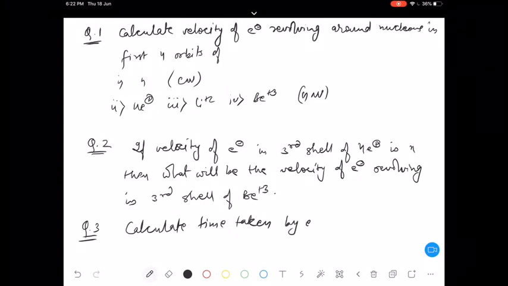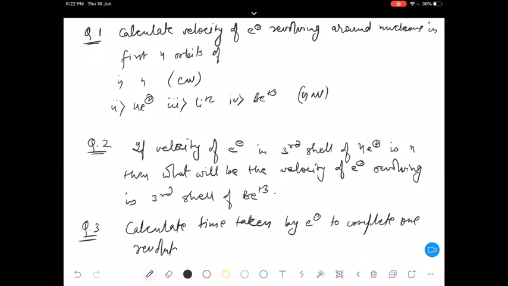Calculate time taken by electron to complete one revolution in third shell of helium positive. These questions you can solve.